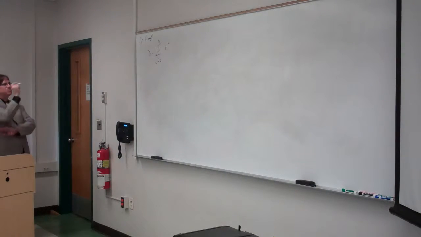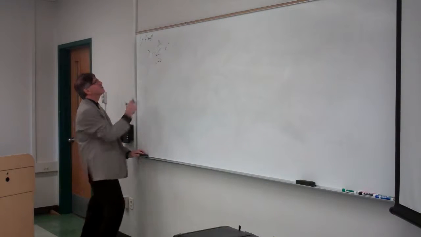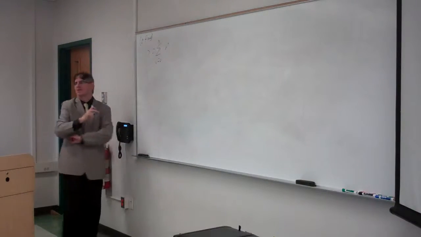And we'd like to find an expression for s sub n. Let me just call this s, so we don't think we're multiplying. Sum from i equals 0 to n of powers of r.